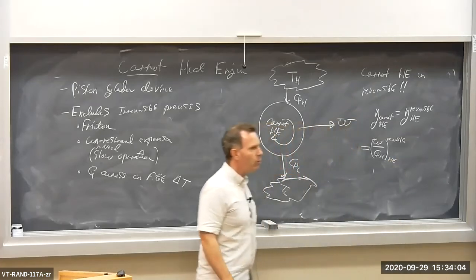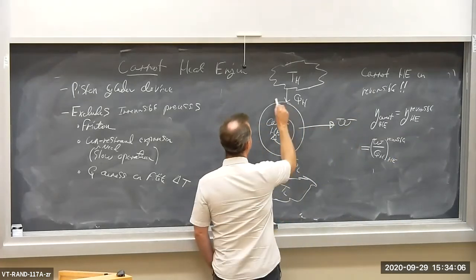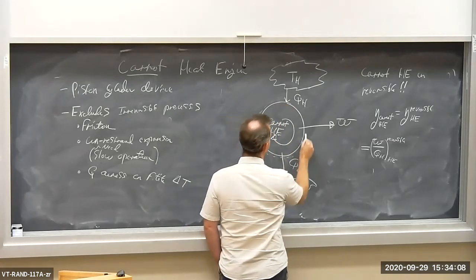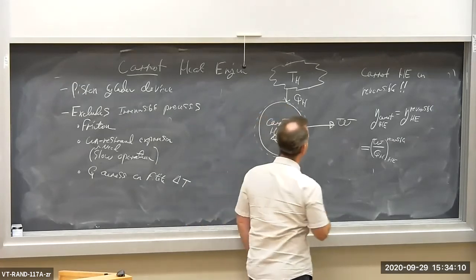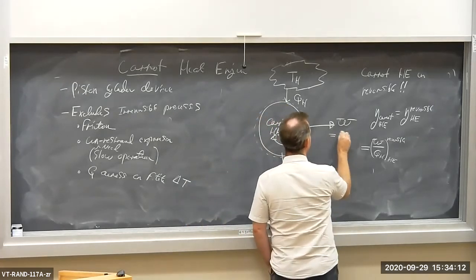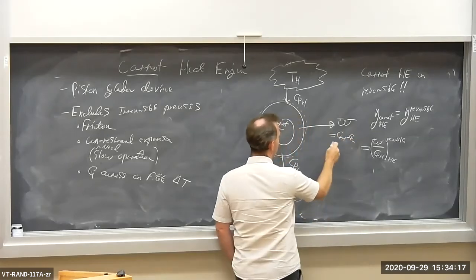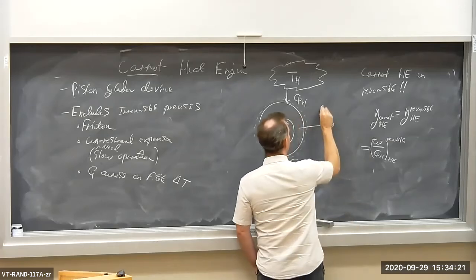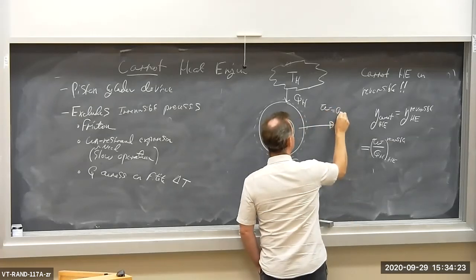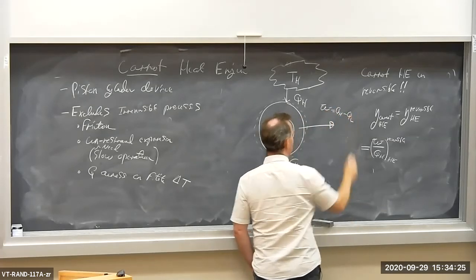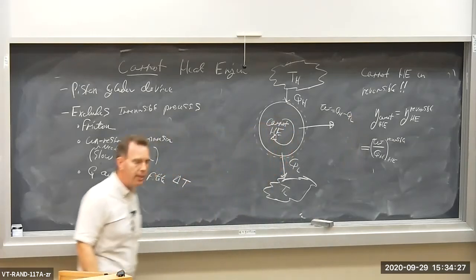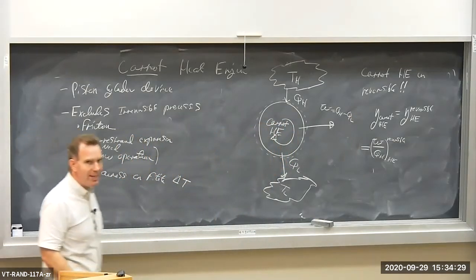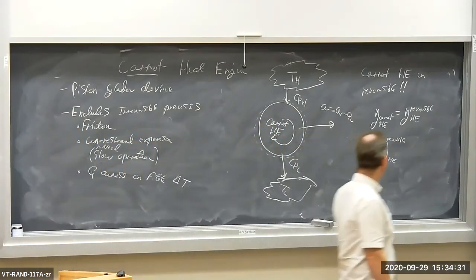The work is equal to Q. Well, if we apply an energy balance to the Carnot heat engine, we find that the work over the cycle is equal to QH minus Q low. Okay, so that's the work. Work equals QH minus Q low over the cycle, because delta E is equal to 0, so heat is equal to work over the cycle.